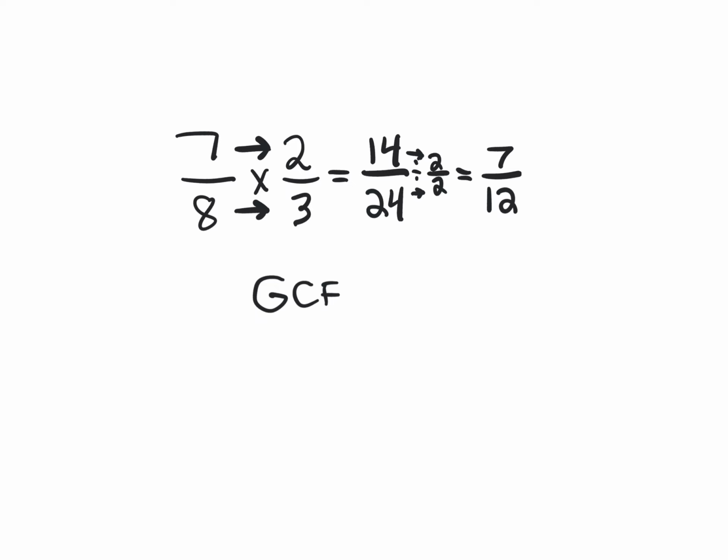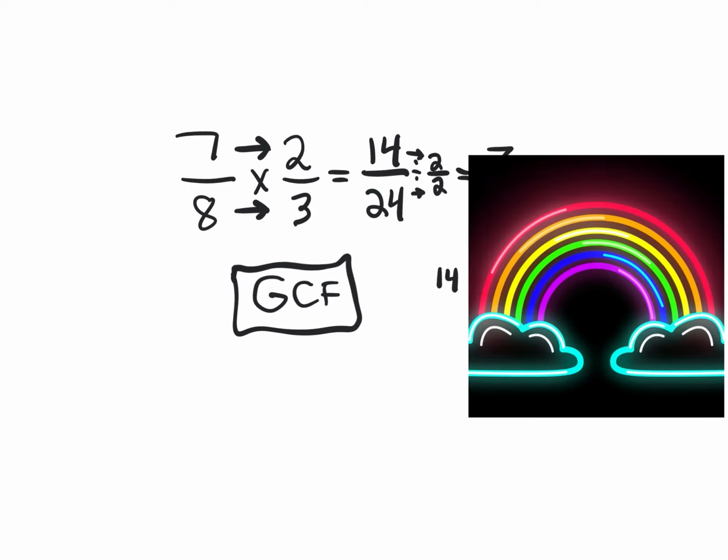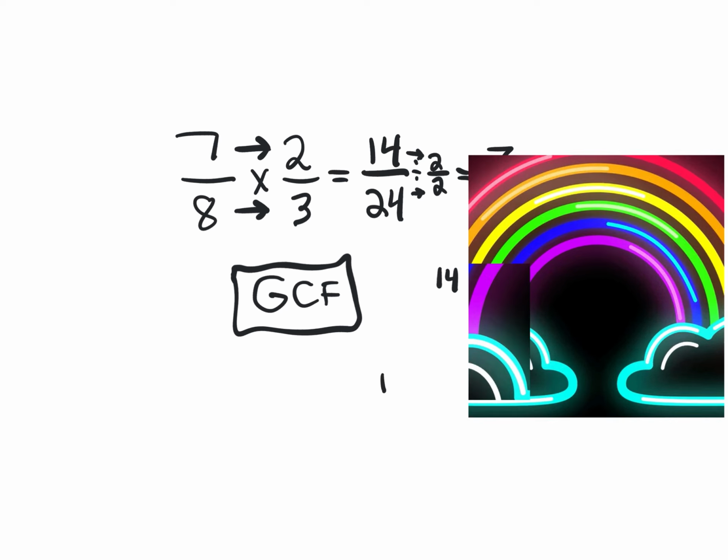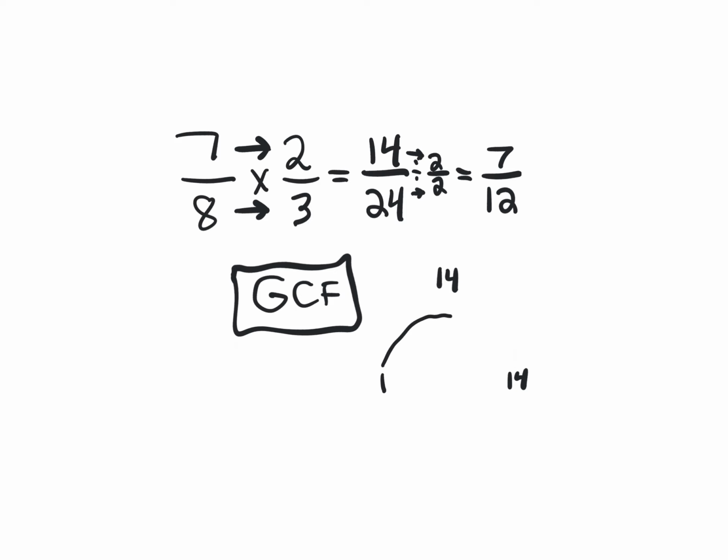Now remember, when we're looking for the GCF, or the greatest common factor, we want to choose our strategy. So right now I'm just going to show you our factor rainbow. So if we think about the factors, it's always 1 and itself. So that would be 1 times 14. Those would be factors.